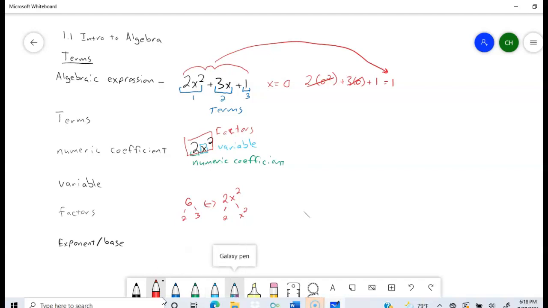Alright. Next, we will go to exponents and bases. So you have, we'll go back to that 2x squared. Your base is this guy right here. This guy is your exponent.